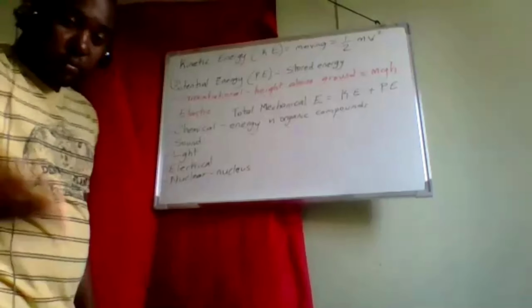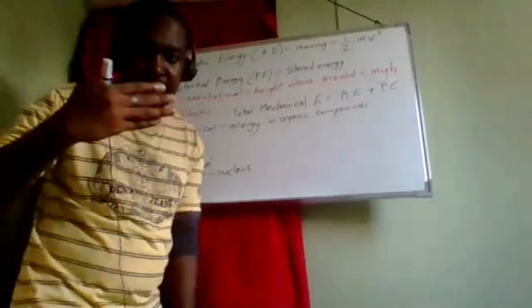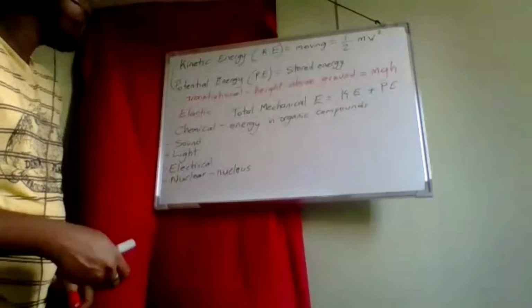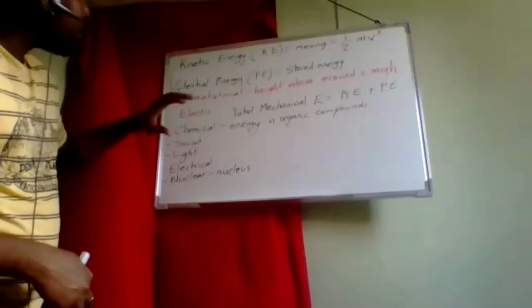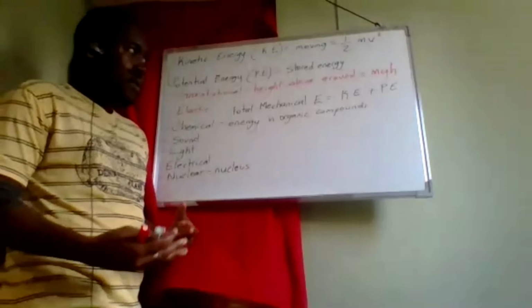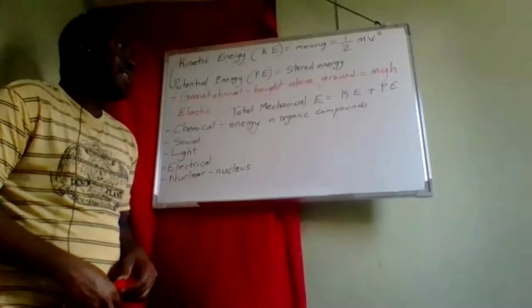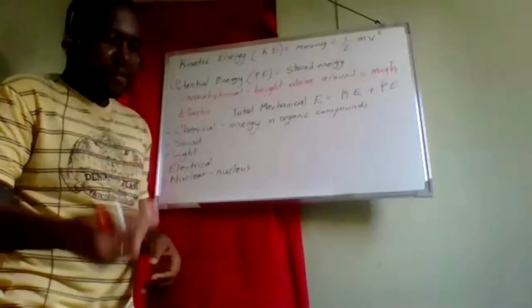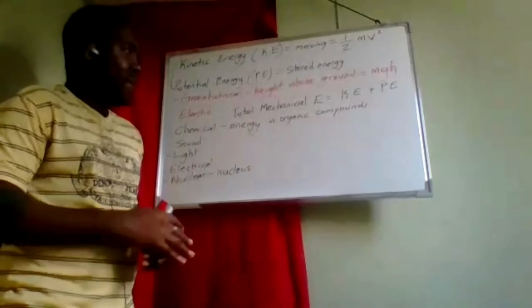Now someone made mention of the conservation of mechanical energy, right? And we're going to go to that now. We know now that these are the forms of energy that exist, right? And we have the law of conservation of energy that states that energy cannot be created or destroyed, but changes from one form to another, all right?